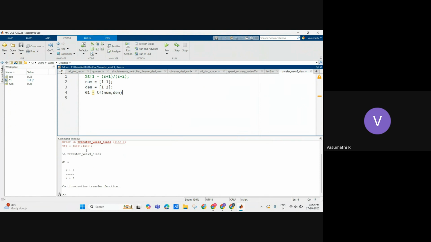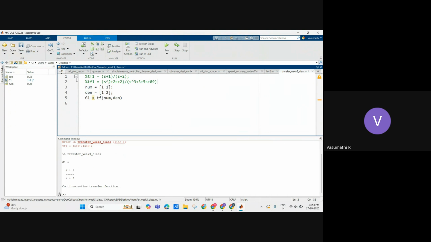We call this the vector method form. For this, you need the numerator coefficients and denominator coefficients. It is easy to write in terms of transfer functions of this separate form. For example, s squared plus 2s plus 2 by s cubed plus 3s squared plus 5s plus 9, I'm taking.